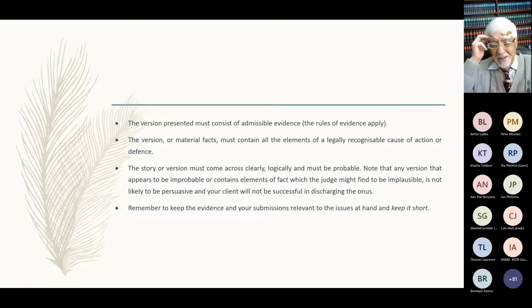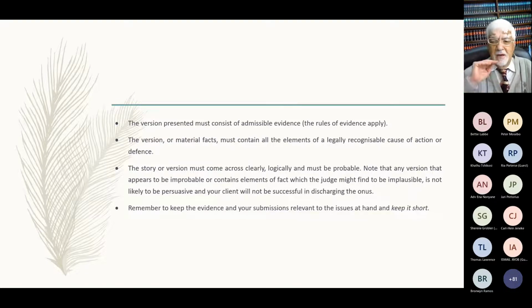Now remember, judges don't know whether or not the witness is telling the truth, especially while the judge is listening to the witness testifying. The judge will come to an assessment of the witness at the end, when he or she is preparing judgment. The problem that you have is that if your version amounts to something improbable, it is not persuasive.